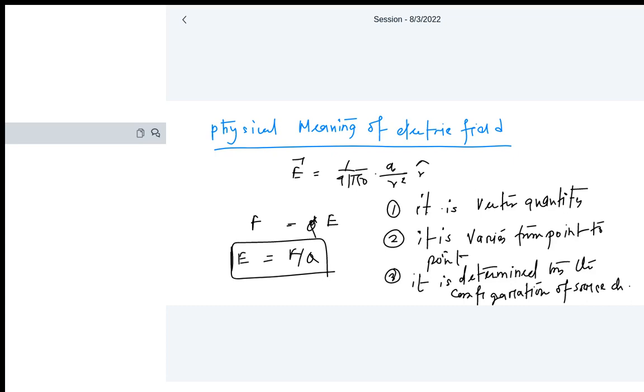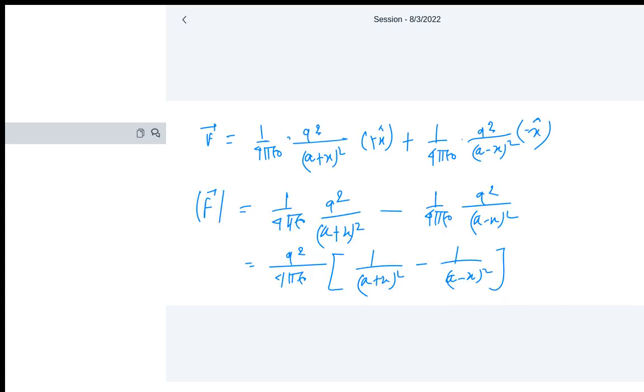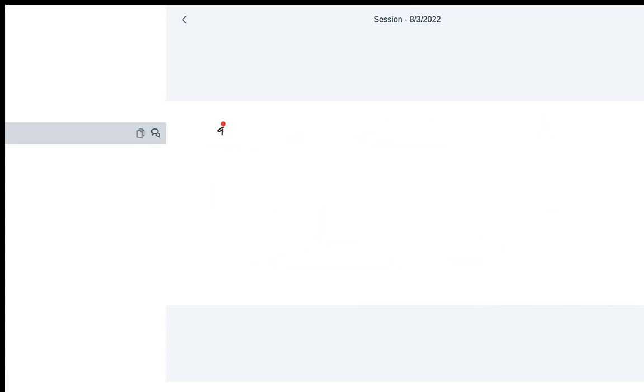And also physically electric field means, fourth point, physically E of r is the force per unit charge, and that force would be exerted on this test charge.